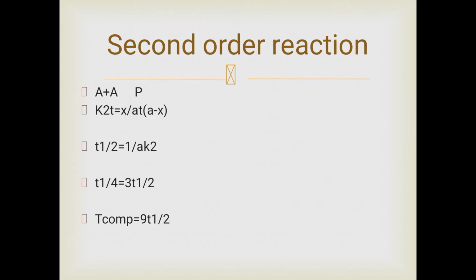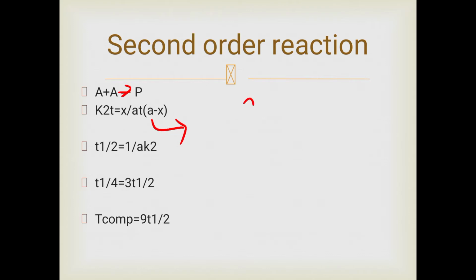A reaction is called second order when we deal with two reactants. The expression is given by K2 is equal to X upon A(A minus X), where A is the concentration of your reactant, A minus X is the concentration at time T, and T is your time.